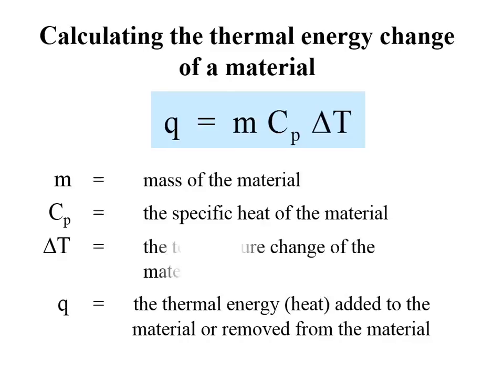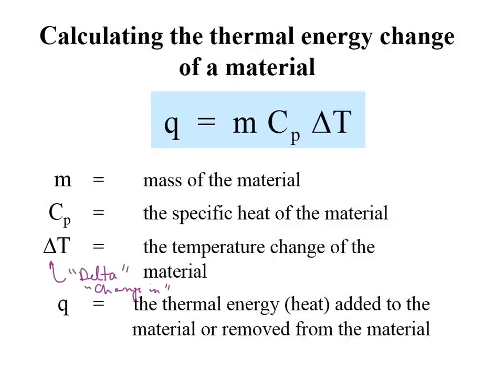C sub P, specific heat. We haven't done a delta yet, I don't think. Anytime you see the triangle, that actually is the Greek letter delta. I think it's a lowercase. So sometimes they'll call this delta T, and anytime you see delta, that means change in. So change in T, change in temperature.